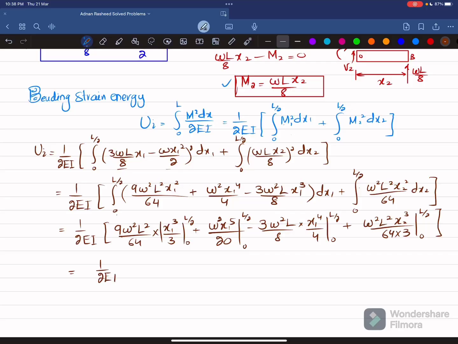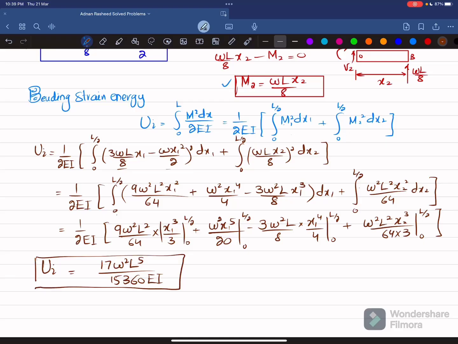So you will get 1 over 2 EI into, if you simplify it, the final value will be equal to 17 W square L power 5 over 15360 EI. So this is the amount of strain energy that is stored due to bending, or it is also known as bending strain energy.